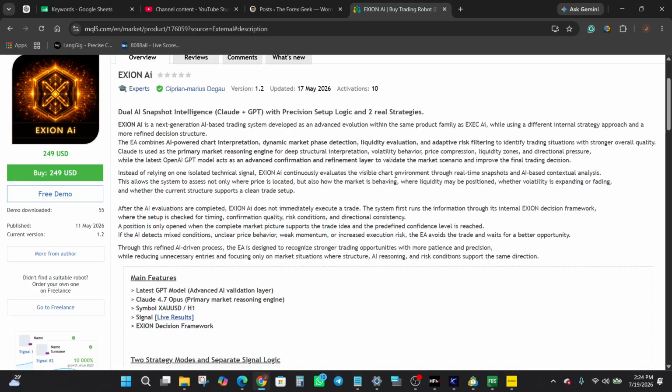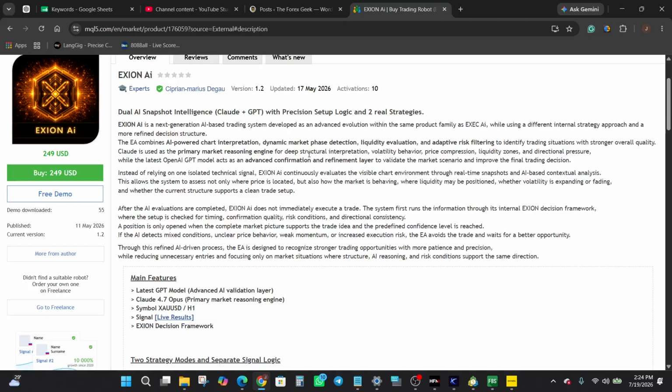That is combined through what is called the EXION decision framework before any trade is opened.